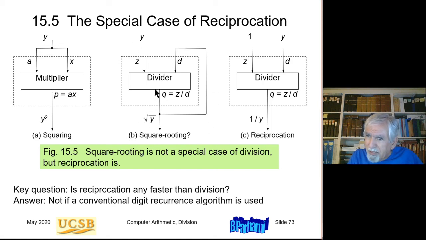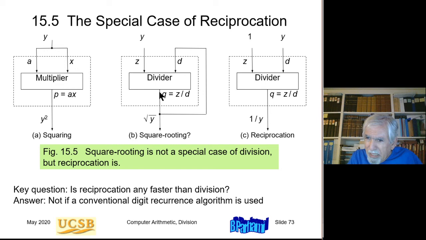So this is sort of a thought experiment. Suppose I have a divider that divides z by d. So z by d is this output. If d is square root of y, then the output will also be square root of y. If I divide y by square root of y, the output will be square root of y.